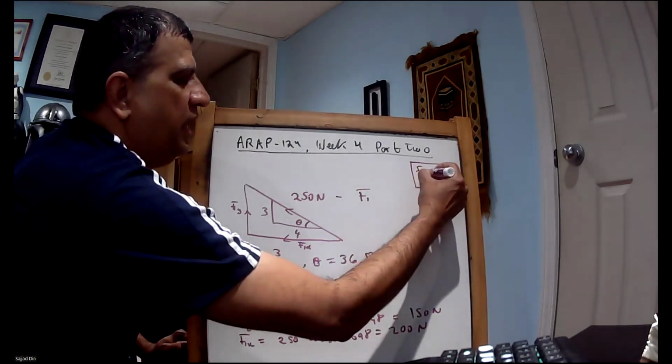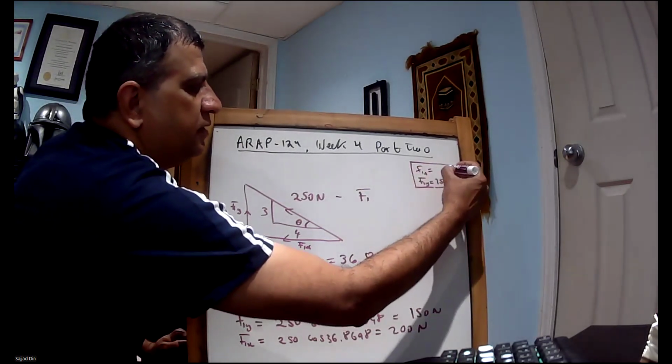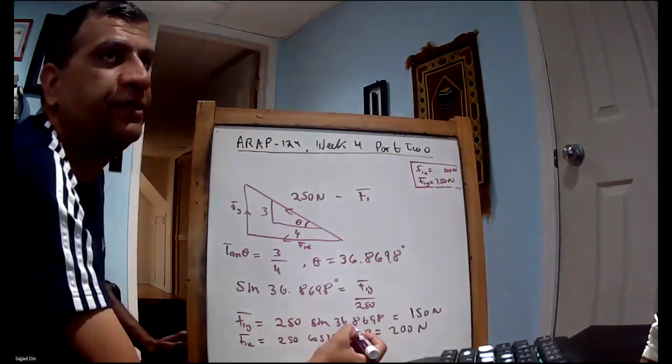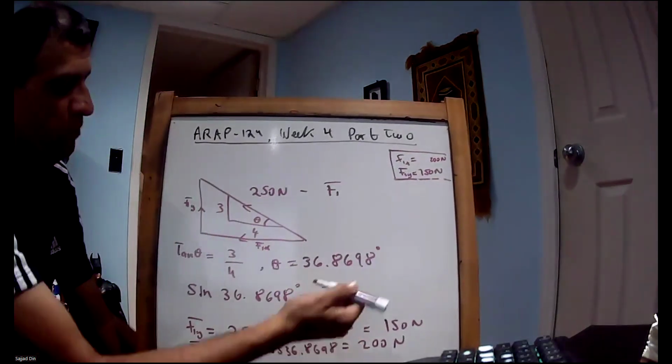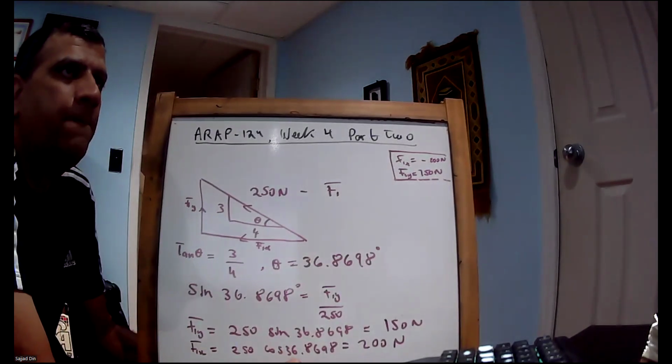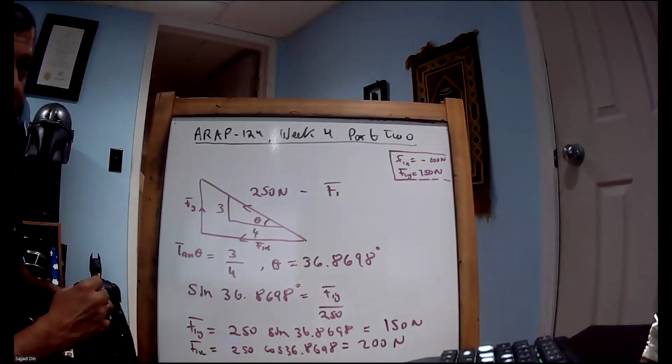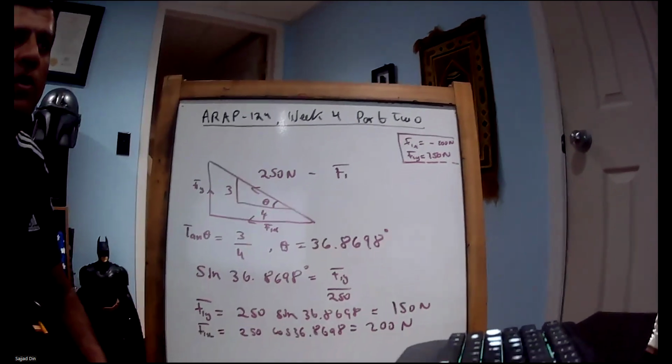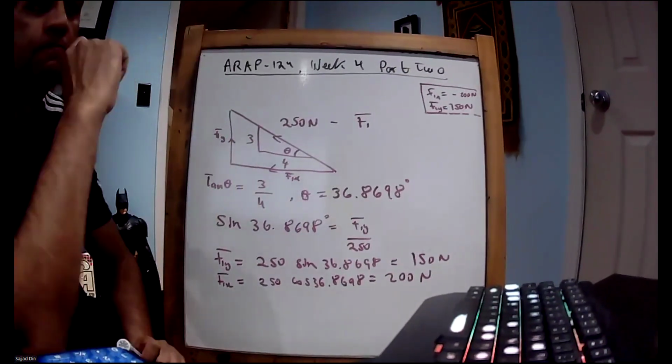So F1x is equal to 200 newtons. But it's in this direction, so I'm going to put a minus here. That's really, really important. Are you guys with me? Are you all with me? Yes, Professor.